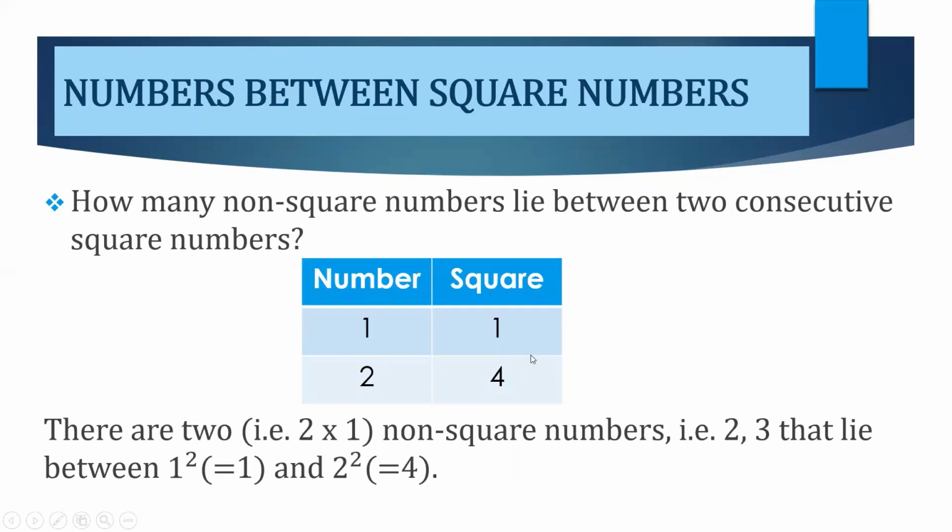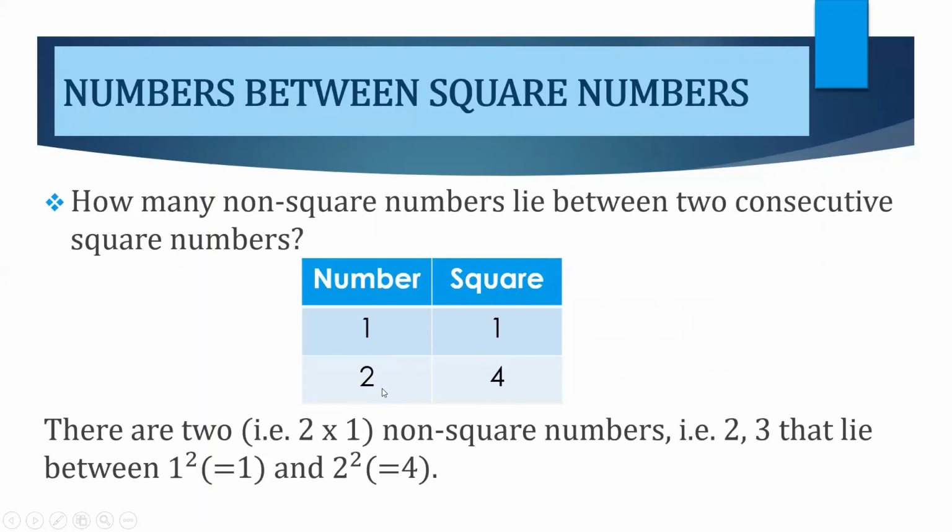If you observe the numbers from 1 to 10, 1, 2, 3, 4, 5, 6 and so on, we know that 1 is a perfect square number, then 2 and 3 are not perfect squares, then the second perfect square number is 4. So 1 is the square of 1 and 4 is the square of 2.